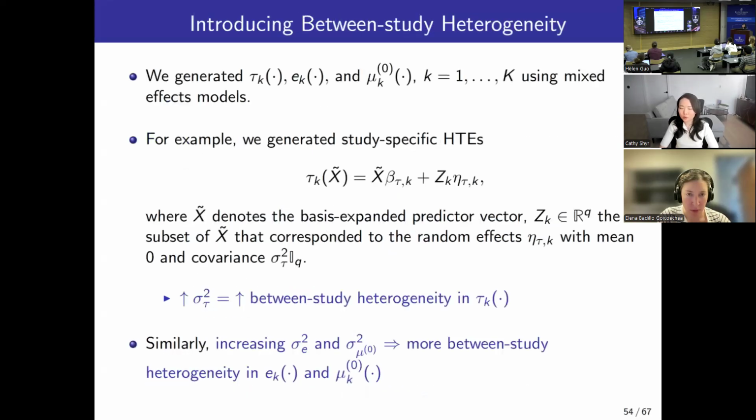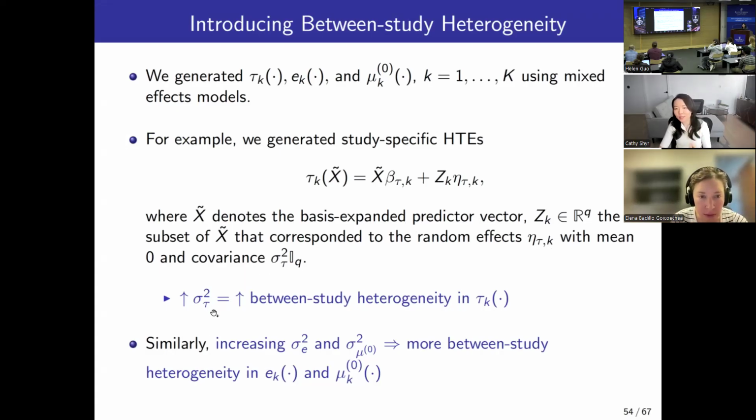To introduce between study heterogeneity, we generated the tau k's, E k's, and mu k zeros using mixed effects models. For example, we generated the study-specific tau k's using the following data generating model. The key thing to note here is that we have some random effects eta that have mean 0 and covariance sigma squared tau.